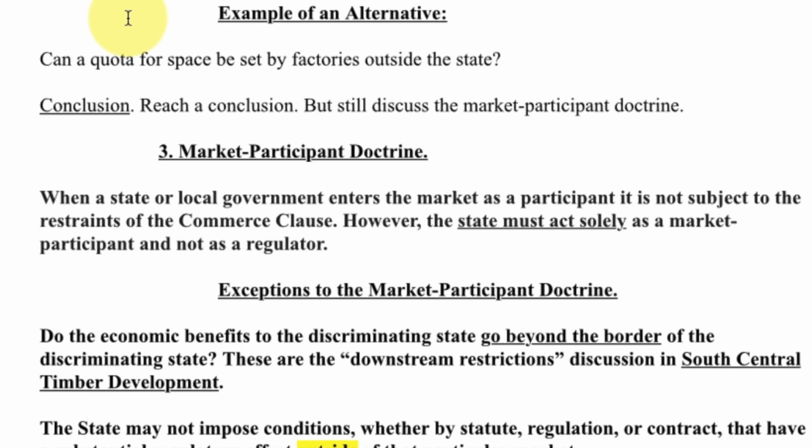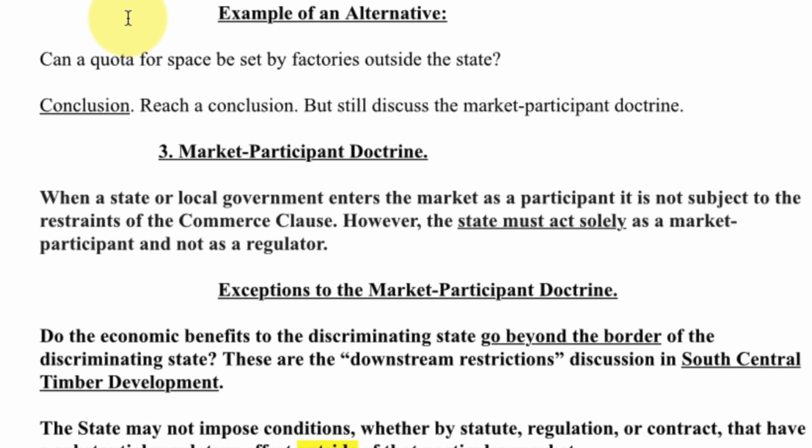Let's look at an example. Maybe you could have said, hey, look, maybe the state could have imposed alternatives. Maybe they could have said, we have a problem with space here, so why don't we just have some quotas? That way there is some certainty as far as the other space that is available. And of course, the facts here, just run with them.